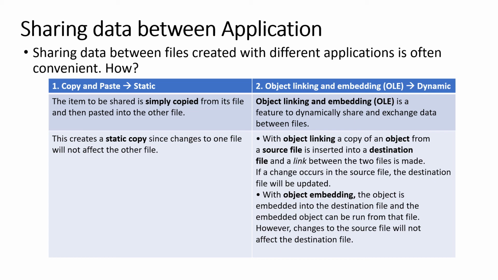Another type is using object linking and embedding, or OLE, a feature to dynamically share and exchange data between files. You have an object, a link from the source file, and you insert it in the destination file, and the link between the two files is made.